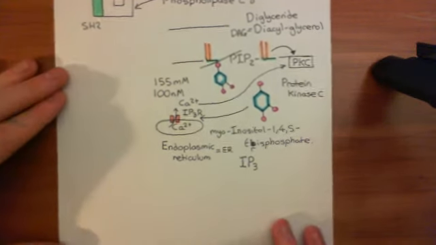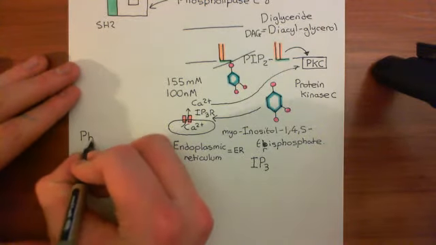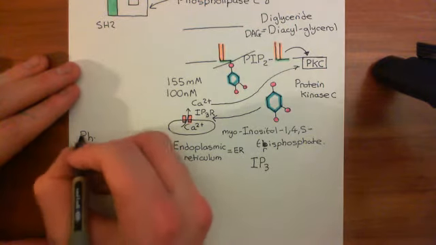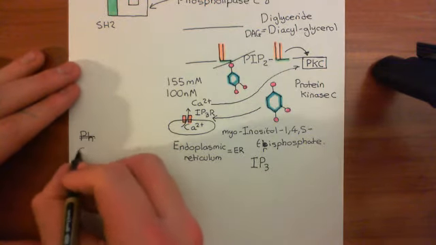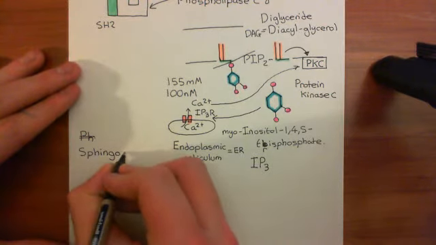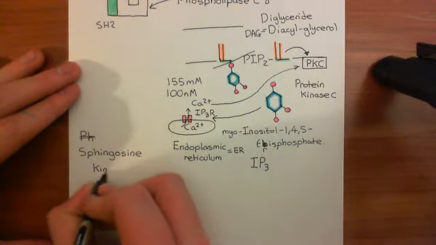Okay, so let's talk about this down here. So, we're going to phosphorylate a molecule. Whoops, what am I doing? I've forgotten the S, never mind. Cancel that out. Okay, so sphingosine kinase is what's going to be phosphorylated. And specifically, it's sphingosine kinase 1.